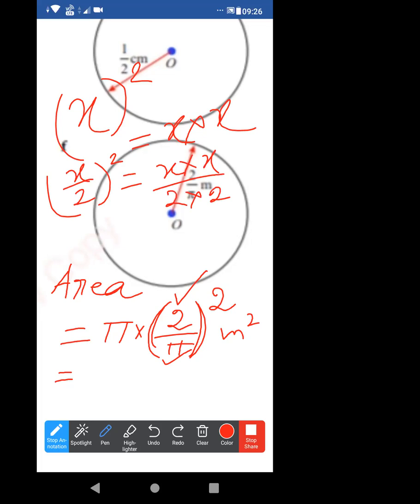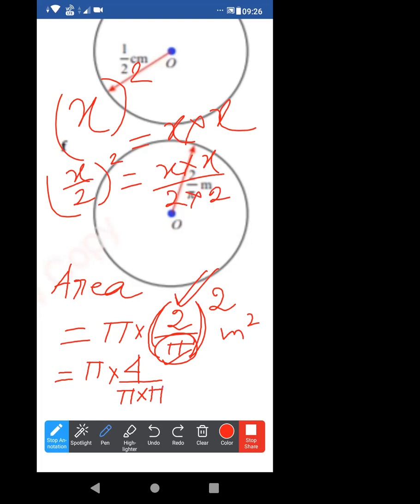We have to follow this. Pi will be as it is. Here 2 square means 2 into 2, that is 4. I am just writing 4. Below it will be pi into pi, that is pi square.